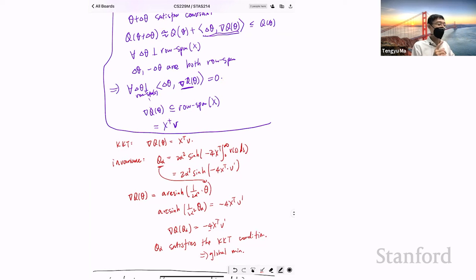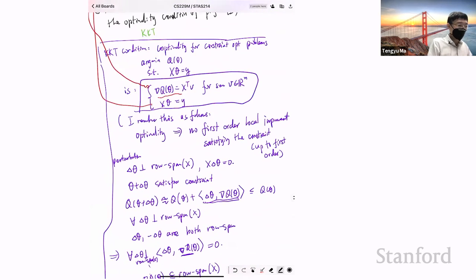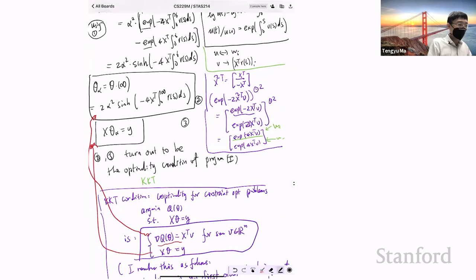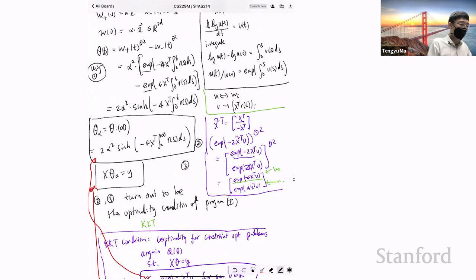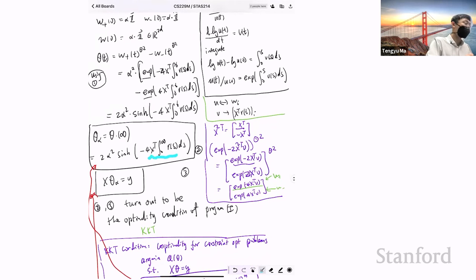Technically, why does everything go through? Roughly speaking, you are only playing with this single-dimensional function, right? So it won't be sinh anymore; probably there will be some other function, but this X transpose something is still there.